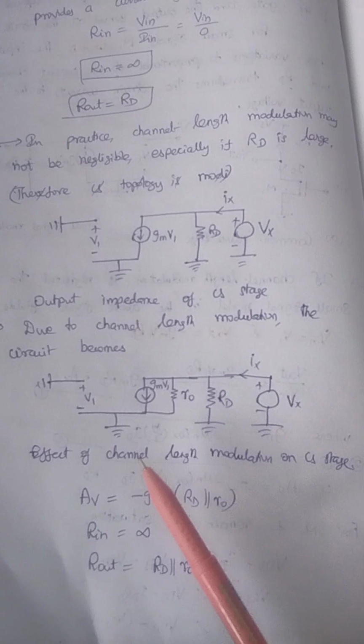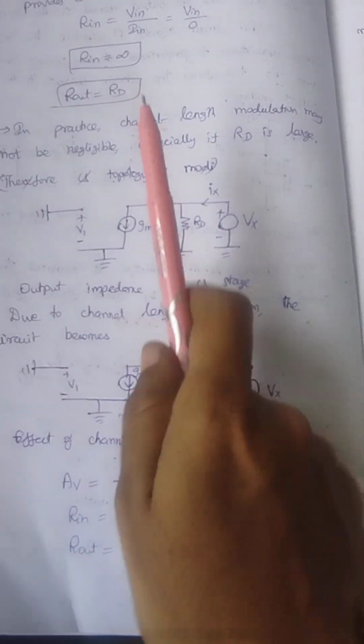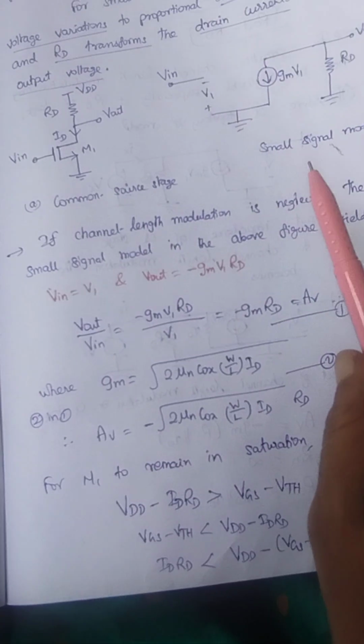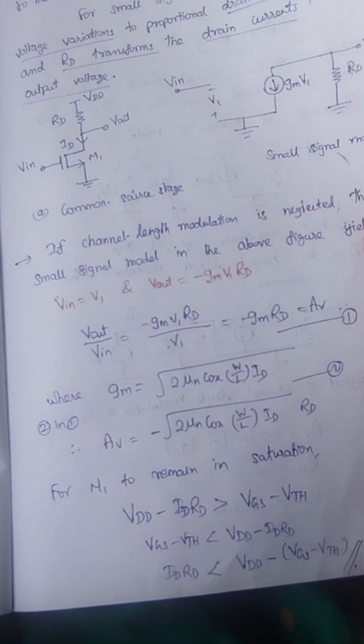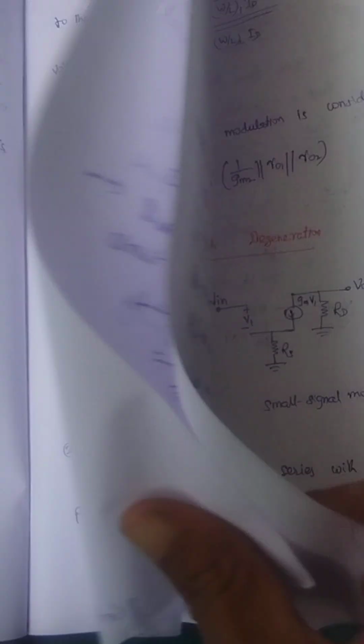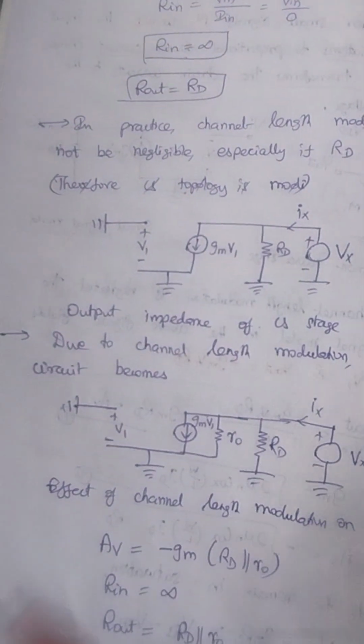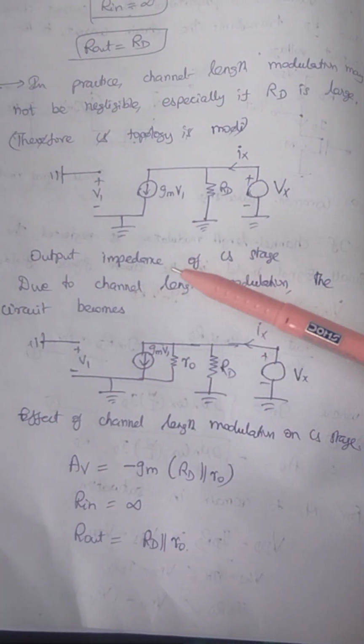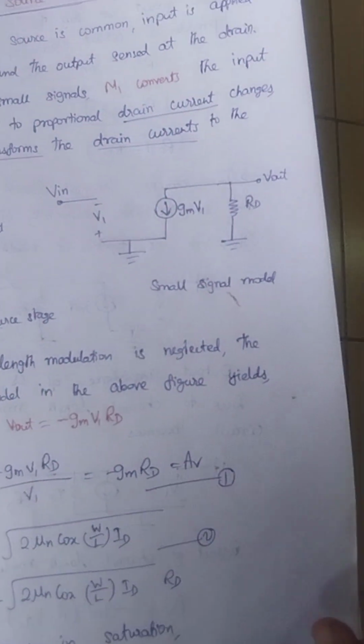Next, till now we have considered the channel length modulation as 0. There is no channel length modulation, but practically we cannot neglect channel length modulation. If you are considering that, the small signal model diagram will become like this.